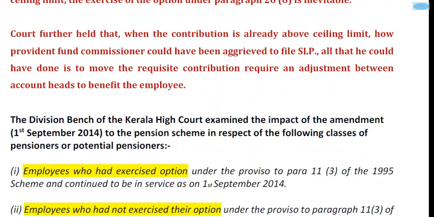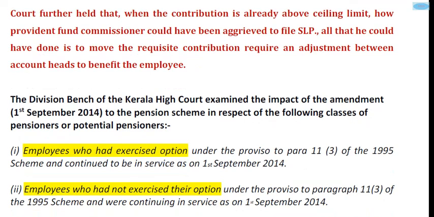What did the Kerala Division Bench hold? What did it examine? It examined the following. Employees who had exercised the option under the proviso to para 11(3). In 11(3), what does it say? The employee can exercise the option of the 1990 scheme and continue to be in service till 1st September. Now we are going to discuss the amendment, because this Kerala High Court judgment was post amendment.